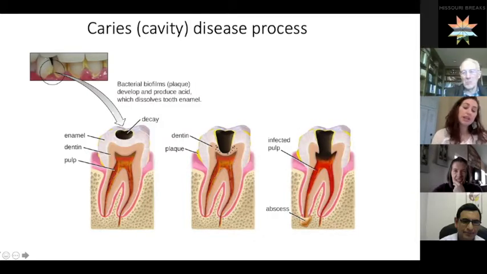This is very different than the bone loss and the tissue loss that you would get with periodontal disease. So cavities are actually not as related to heart disease as periodontal disease. The gum disease and the bone disease is really what we're looking at as something that would affect your heart, and I'll get into that.